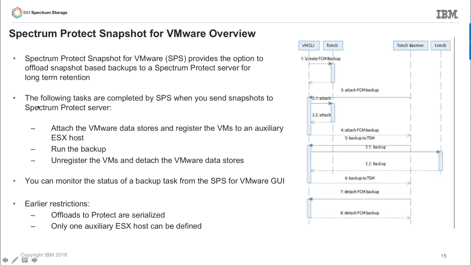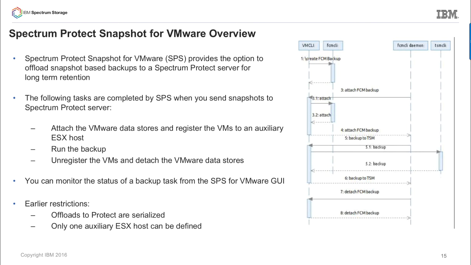So the way it works currently is when you take a snapshot of a VMware data store, that snapshot is going to be stored on the array for backup protection, and if you choose to optionally offload it to a Spectrum Protect server, the tool will take that snapshot and attach it to an auxiliary ESX host, register that VMware data store, and then run the backup to the Spectrum Protect server of the virtual machines, and then unregister that snapshot from the auxiliary host.